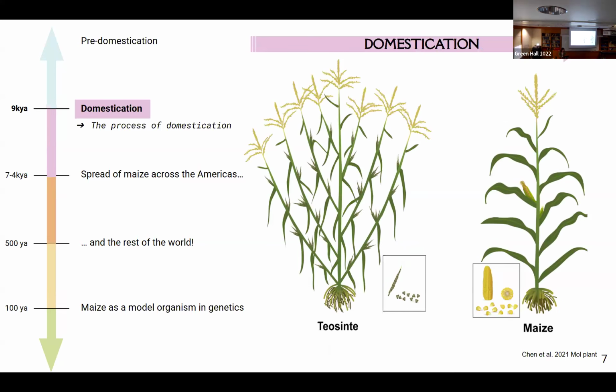But why should we, as population biology enthusiasts, care about domestication and study it? That's because domestication, we believe, is an ideal model to study adaptation, selection, and genome evolution. Due to the concise timeline of domestication, many signatures of selection are still detectable in maize and the teosintes.